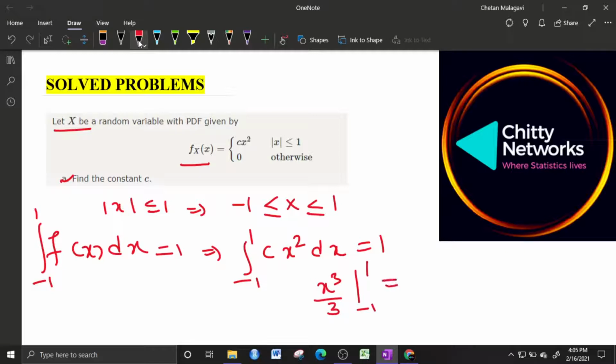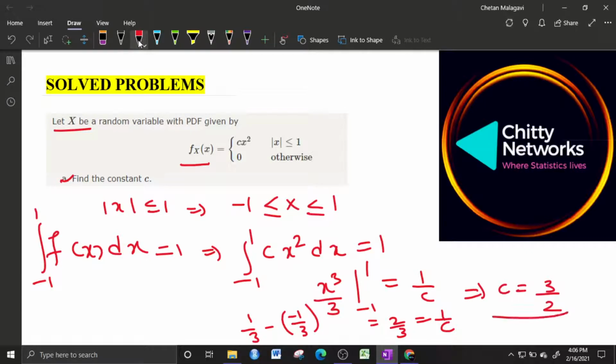So 1 equals c times, and when you put the upper limit 1, it is 1 by 3, minus the lower limit minus 1 power 3, so minus 1 by 3. Minus and minus is plus, so 1 by 3 plus 1 by 3 is 2 by 3. So 1 equals c times 2 by 3, which implies c takes the value 3 by 2.